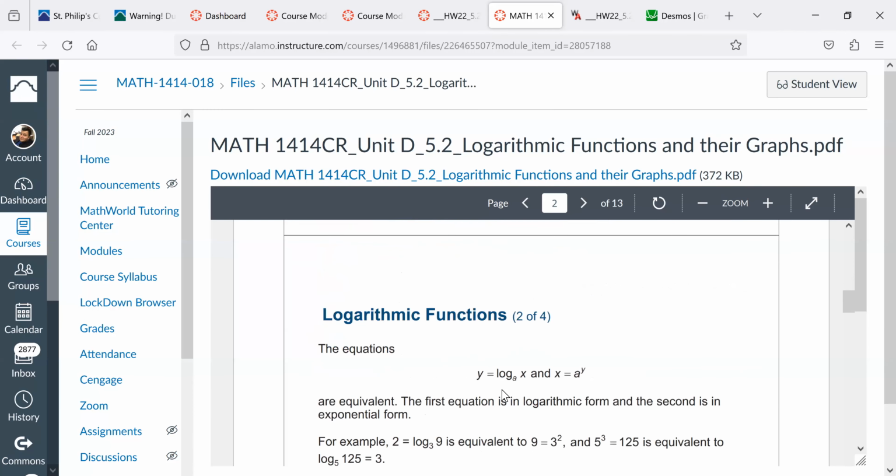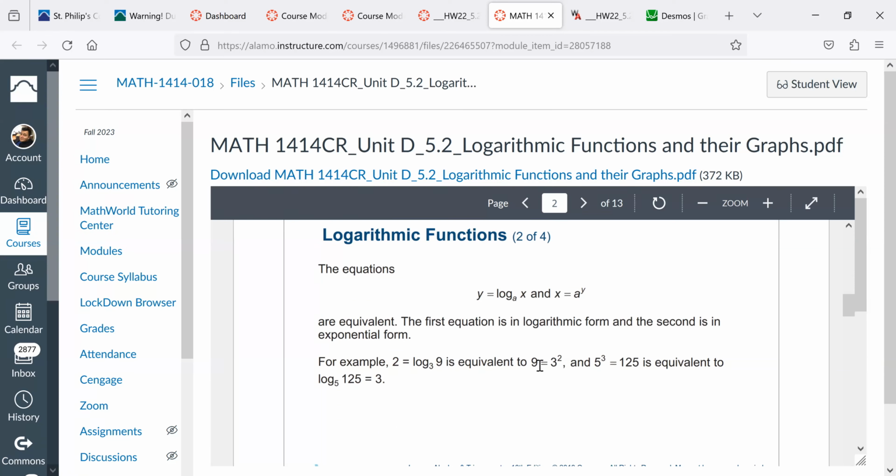Okay. For example, 9 is equal to 3 squared. If you change this into logarithmic form, you get 2 equals log base 3 of 9. So look at where the base is, right? The base is 3, so a is 3.